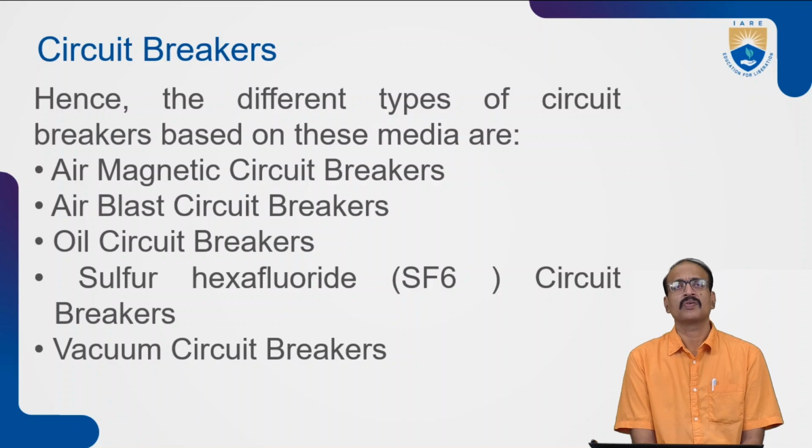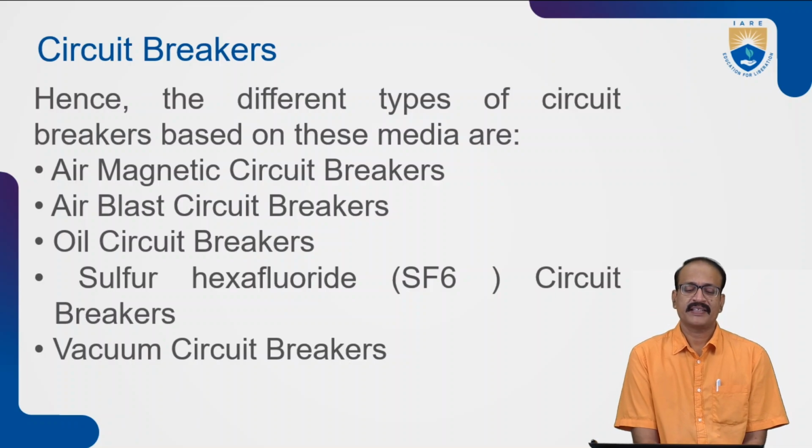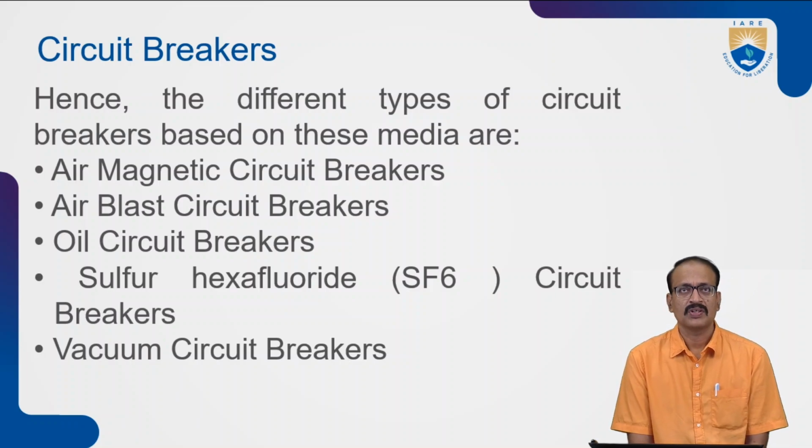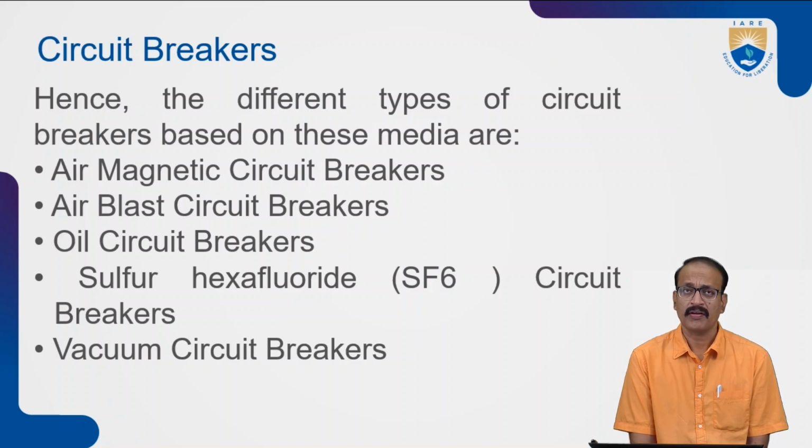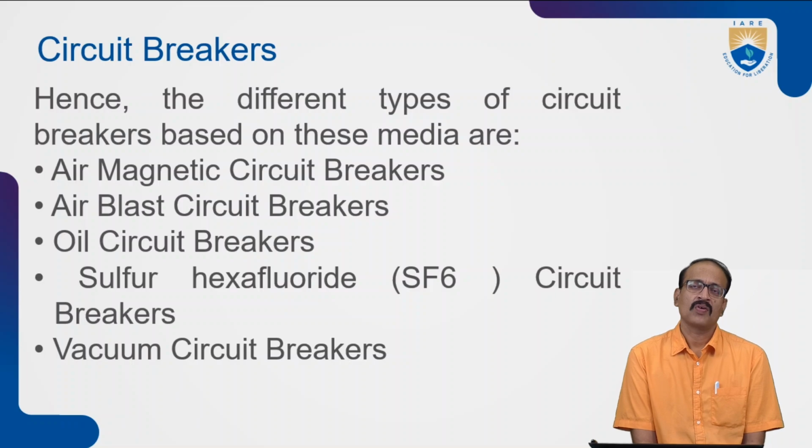First we will go with the air magnetic circuit breaker. As we discussed in our previous class, the basic principle of a circuit breaker is that we have two contacts.